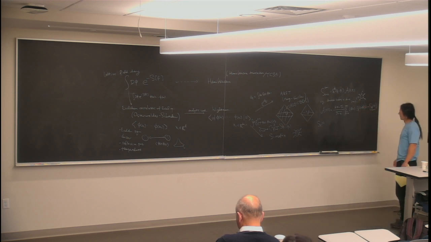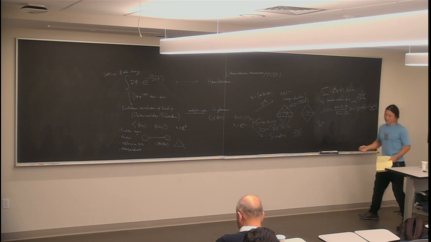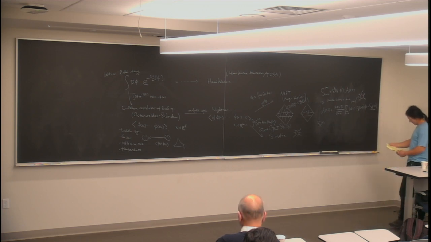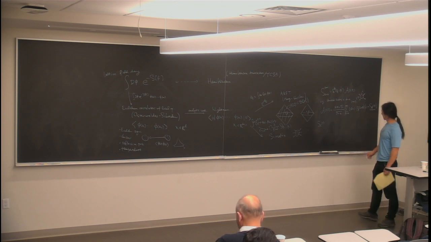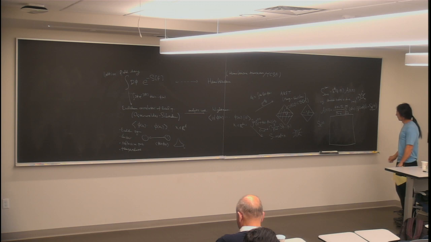Now, this function, the partial wave scattering amplitude, is the key player of the game here. And it has some very non-trivial analytic properties, just to illustrate the kind of things that would go on.